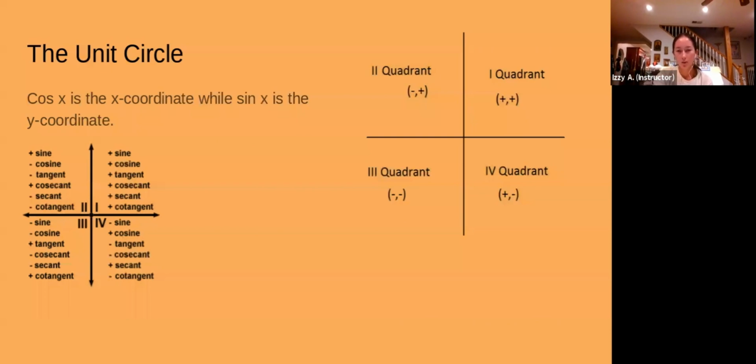Okay. Of course, since we're just learning about this, unless you're like a math prodigy or something, I think the signs are pretty straightforward, just cosine, sine, tangent.